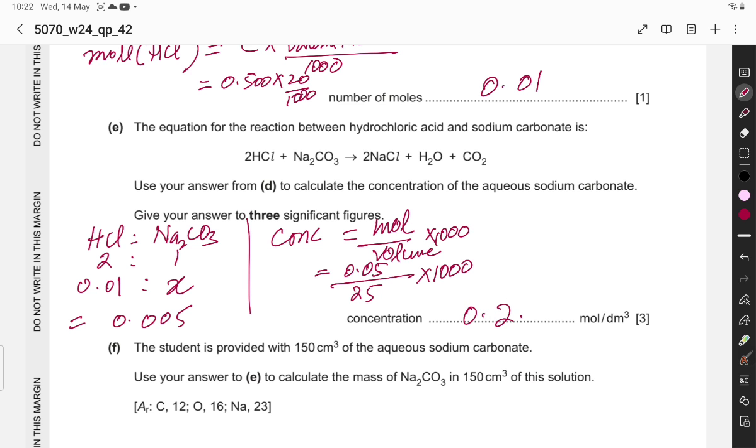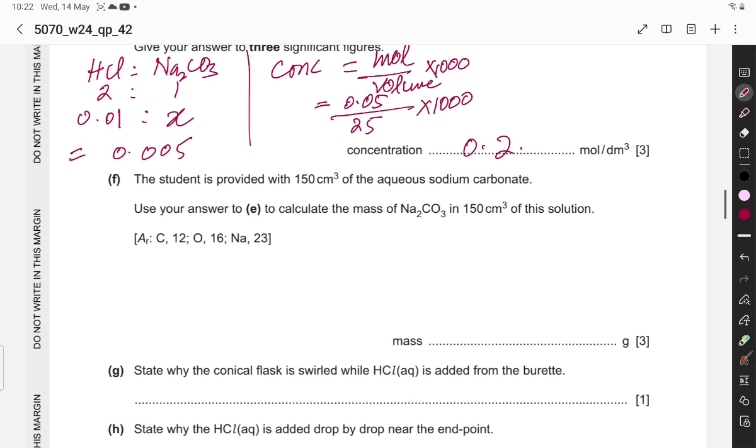The student is provided with 150 cm³ of aqueous sodium carbonate. Use your answer to E. Calculate the mass of sodium carbonate in 150 cm³ of this solution.